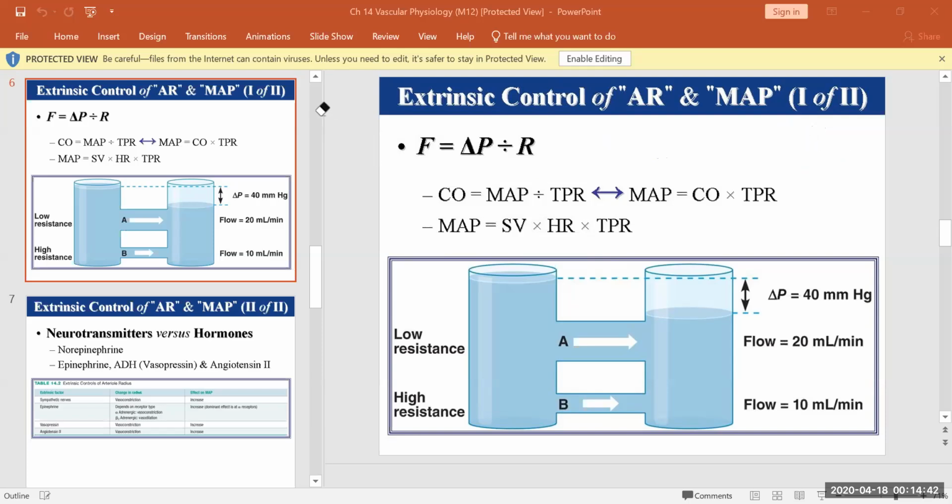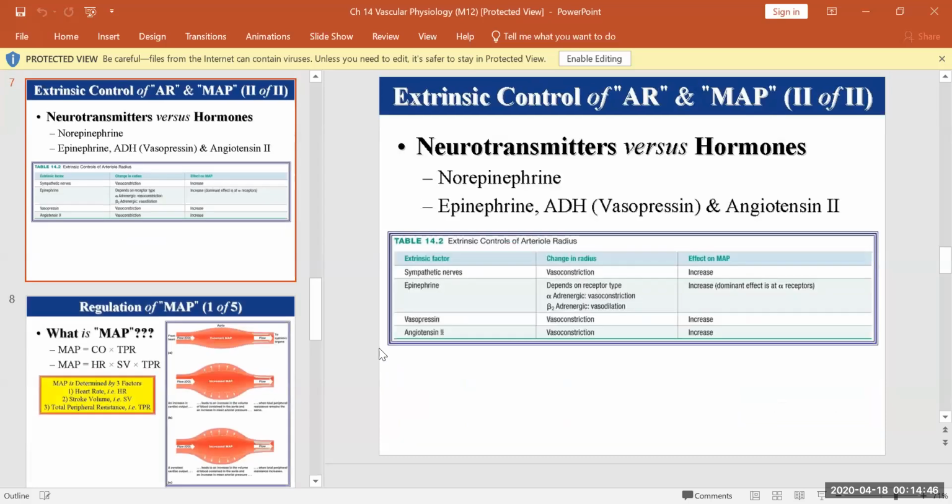Okay, next. These are external factors coming in to affect blood vessels. So we have two organ systems that have a say in controlling our vascular bed.